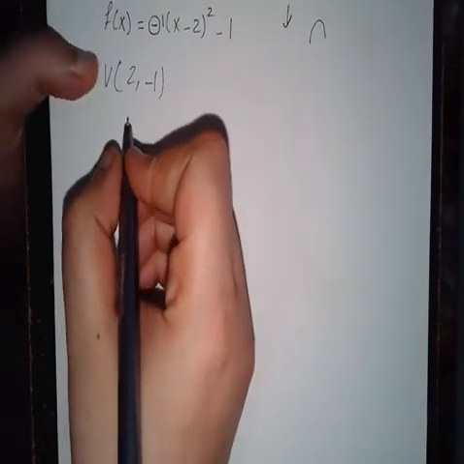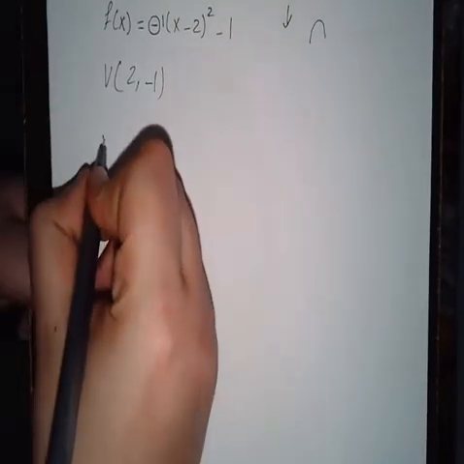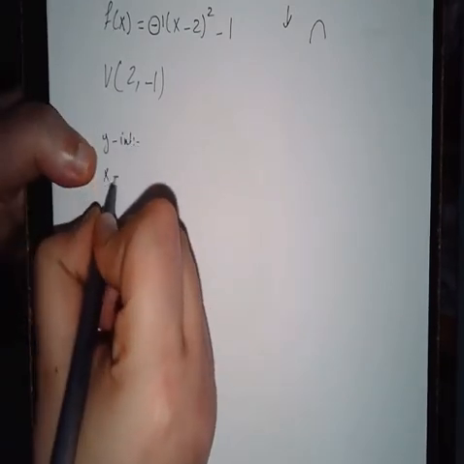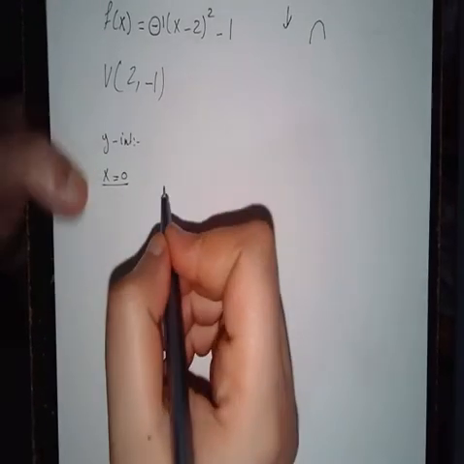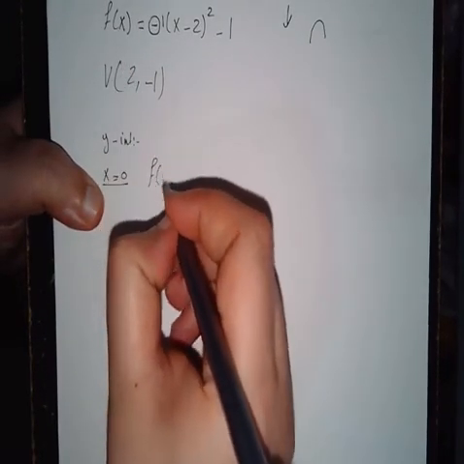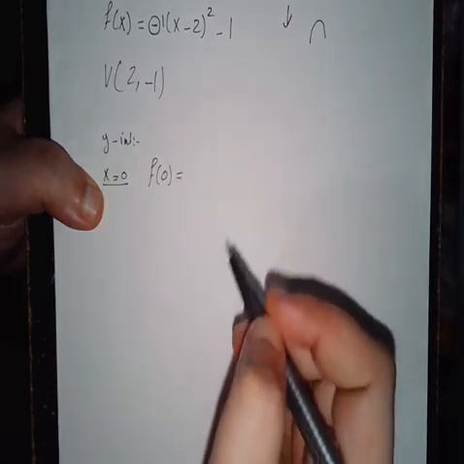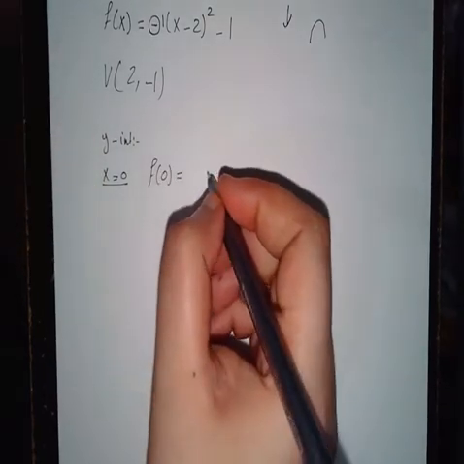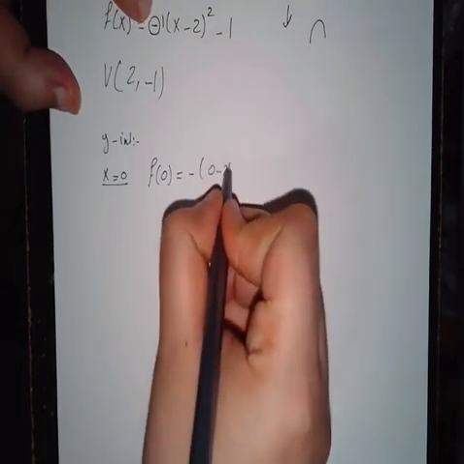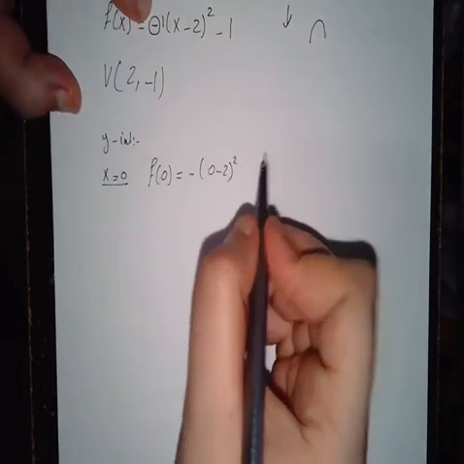So, over here, let's start with the y intercept. So for the y intercept, we say what? X is 0. Since x is 0, that means you basically plug 0 into the function, f of 0. So when I try to find f of 0, what's going to happen? We have negative on the outside times 0 minus 2.